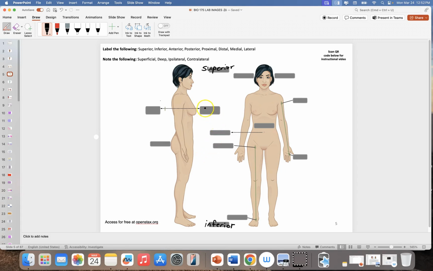We also have the front side of the body versus the back side of the body. If we're talking about the front side, we use anterior. And if we talk about the back side, we use the term posterior.